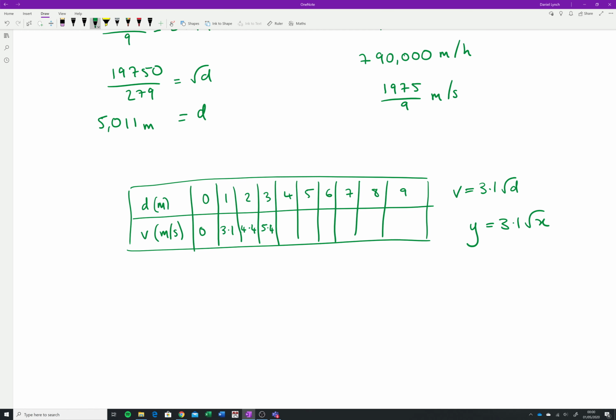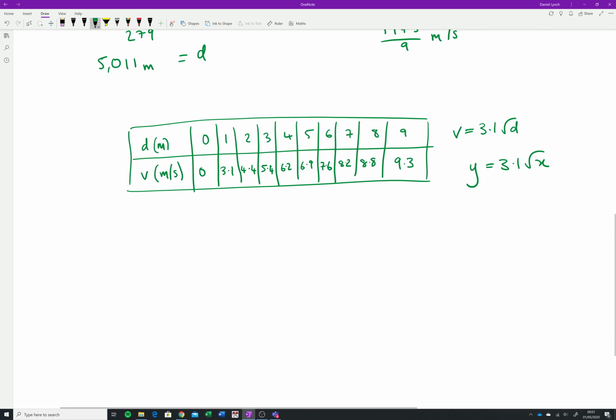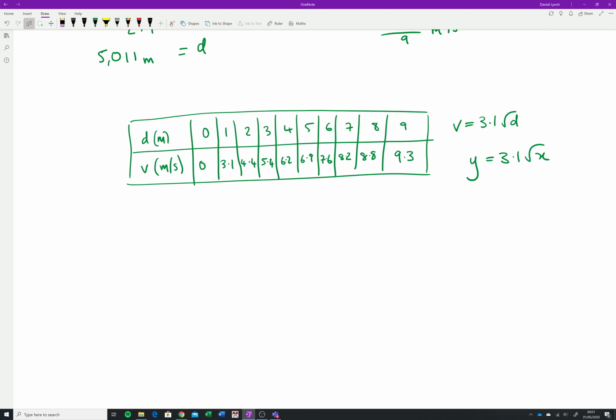With 4 it is 6.2, 6.9, 7.6, 8.2, 8.8, yeah, and last one 9.3. And it just asks you then to graph it, okay?